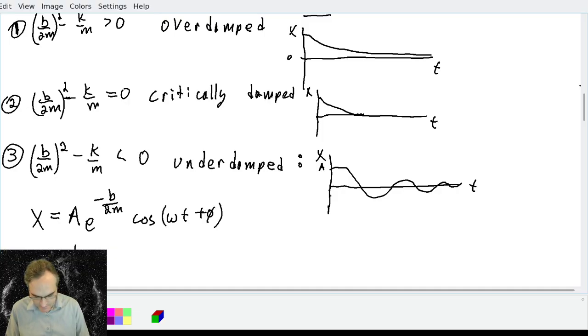However, omega is a bit more complex here. It's going to be the square root of k over m minus (b over 2m) squared.